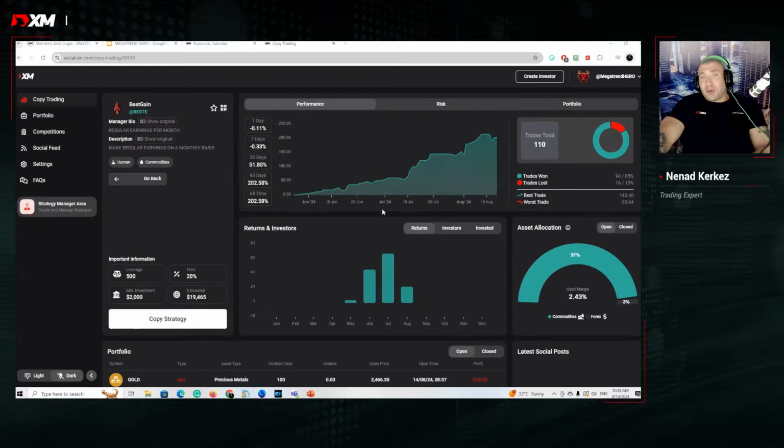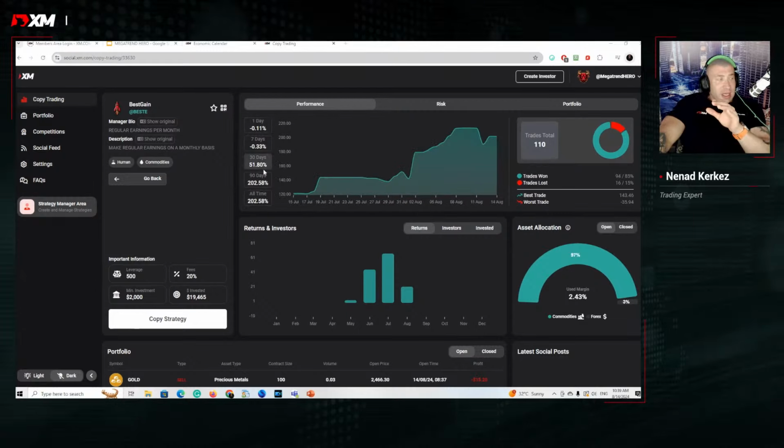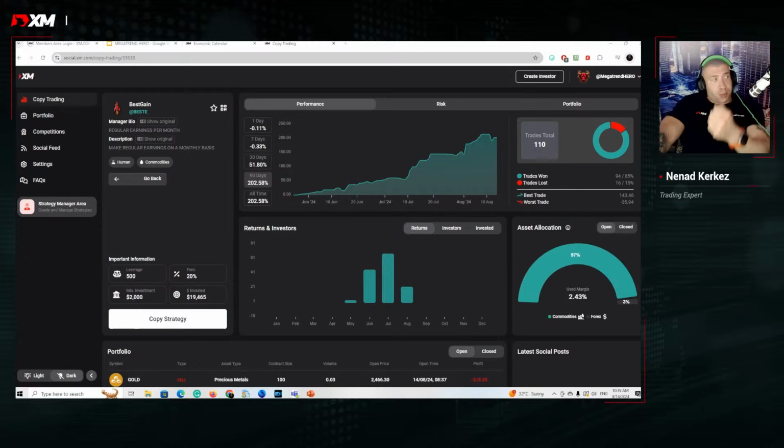And in my opinion, for these kinds of strategies, it's not good to take the money out every single month. In my opinion, it's best to leave money on the table because more money makes more money. It's a sort of compounding interest where you can make big figures by compounding.